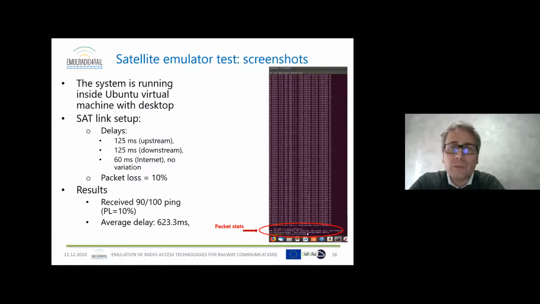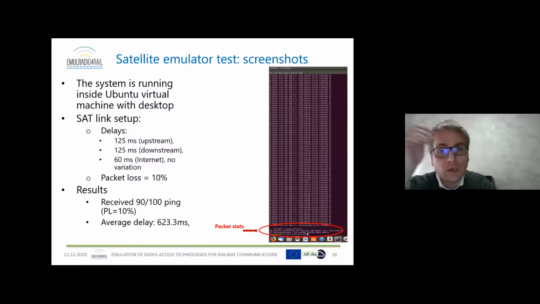Here in this third test, we put an additional packet loss of 10%, the opposite of the previous test. And here we can see that the results are different from the previous one because we received only 90 ping attempts out of 100, with an average delay of 623.3 milliseconds.